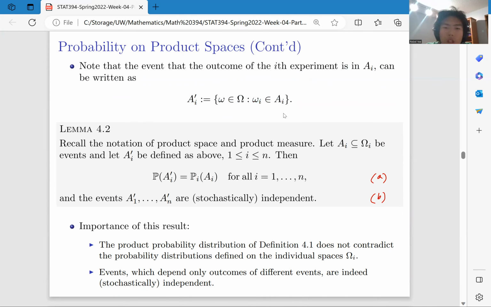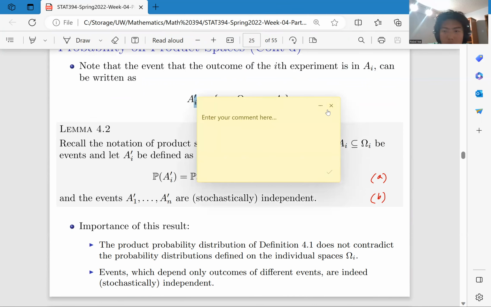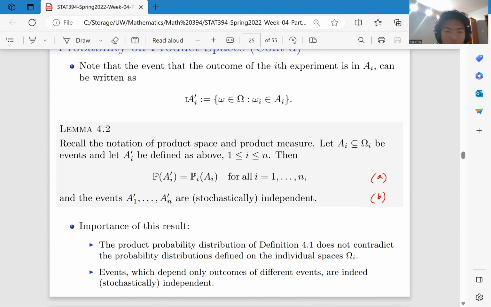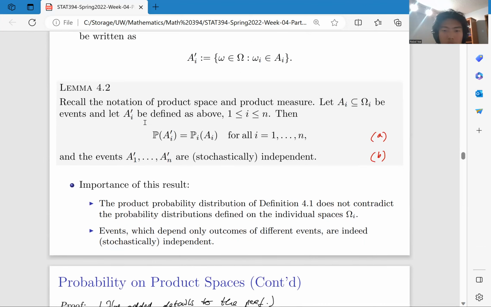So what does this mean? We define it as A-tilde i, the strange Ai. It means the ith term of W belongs to Ai. So it does not consider the other events except for Ai. We just consider Ai, but the outcome of the ith term must belong to Ai.